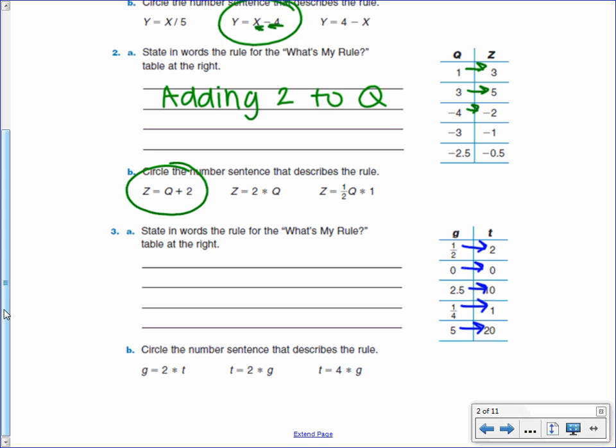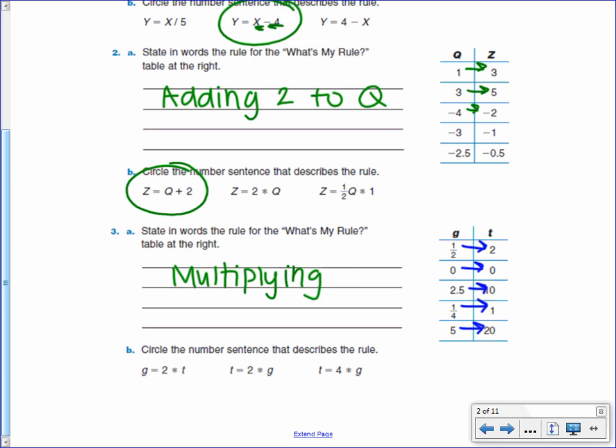Okay, so we are multiplying. What are we multiplying? By 4, but what are we multiplying by 4 each time? G. G, right?